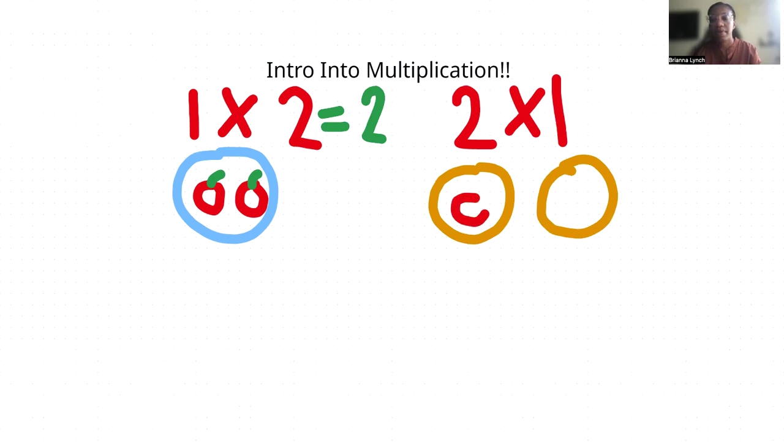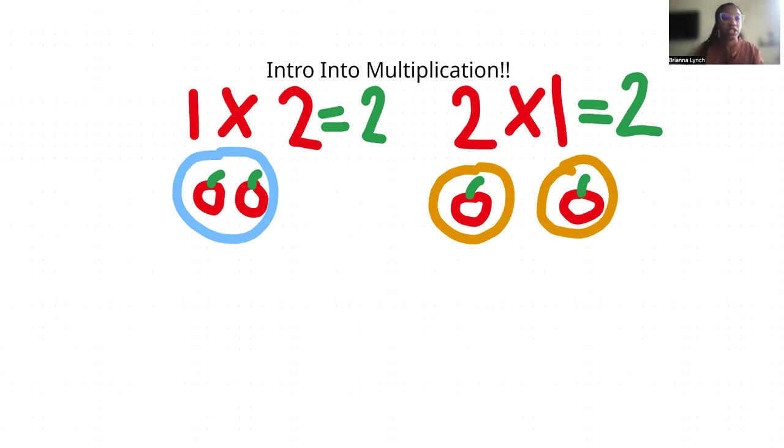I have my 1 apple here. And then when I add up how many apples I have total, it's the same thing. It's 2. So 2 times 1 equals 2. So what we're doing is we're grouping our numbers together, right? Which you've probably learned when you count by fives or when you count objects by twos.